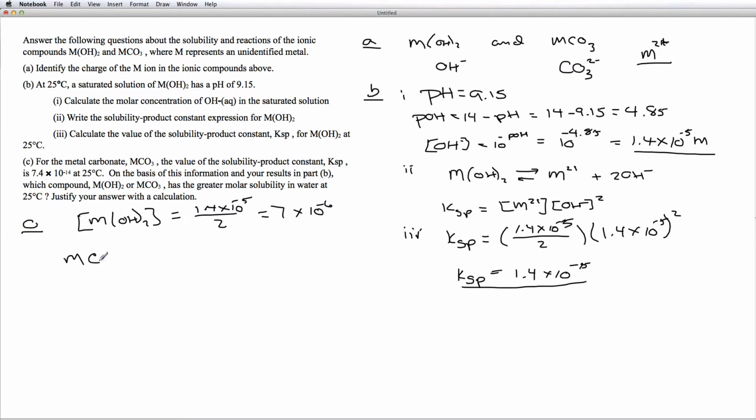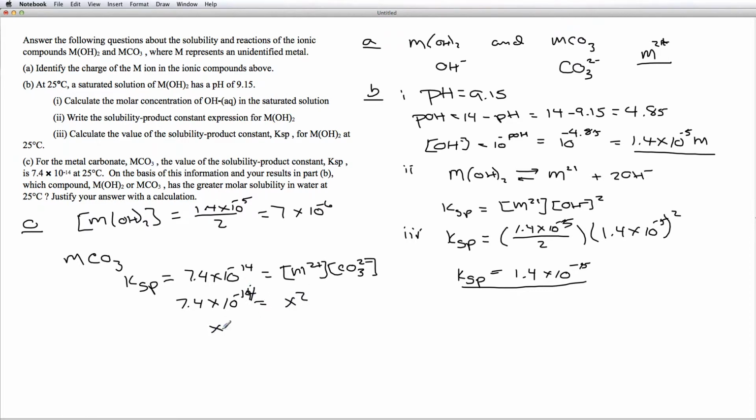So doing the MCO3, I know that the Ksp is given as 7.4 times 10 to the minus 14th, and it has to equal the concentration of M2+ and the CO3 2 minus, and both of those, since it's a 1-to-1 ratio, have to equal X. So 7.4 times 10 to the minus 14th equals X squared.